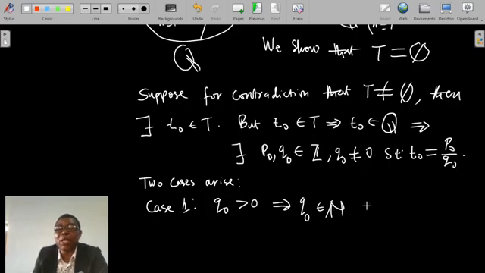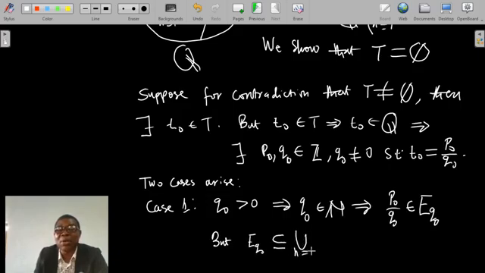And this would therefore imply that p naught over q naught will be an element of E q naught. But E q naught is a subset of the union n equals 1 to infinity of En.